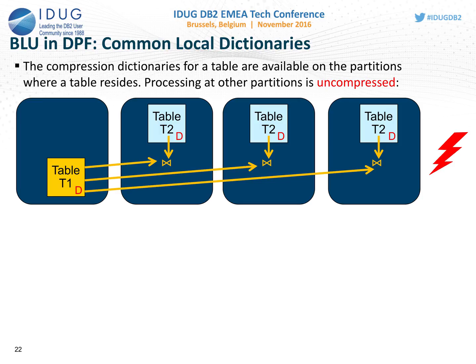Now, what happens if I need to do a join between these two tables? Well, the data of table T1 probably needs to be shipped to the other partitions to perform the join with T2. But since the other partitions don't have a compression dictionary for T1, the data in T1 needs to be decompressed before shipping it over, which is not optimal, right?